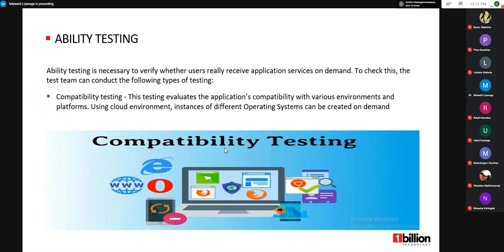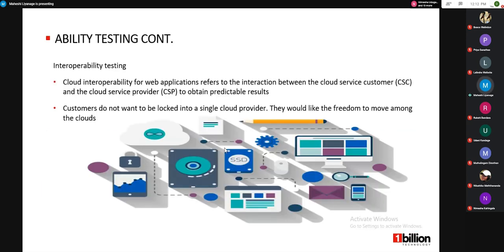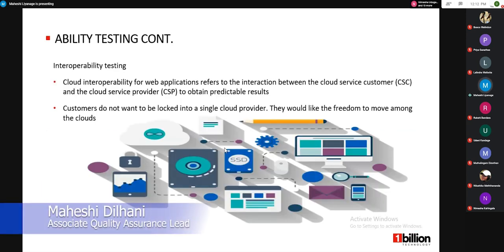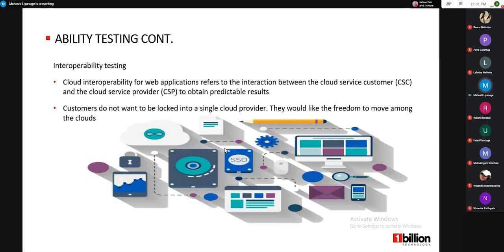And this will surely evaluate any compatibility issue when the cloud application is running on different hardware or OS or databases. So that is about the compatibility testing under usability testing. Then we have interoperability testing. So this refers to the interaction between the cloud service customer and the cloud service provider to obtain some predictable results.